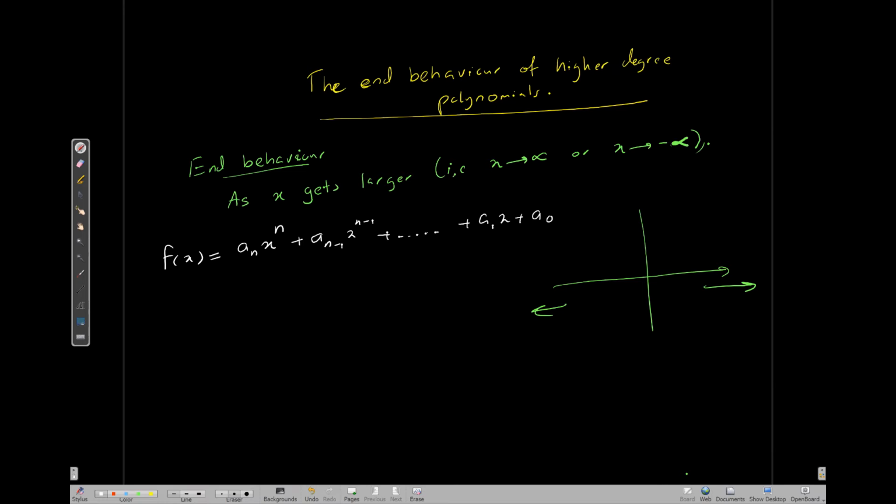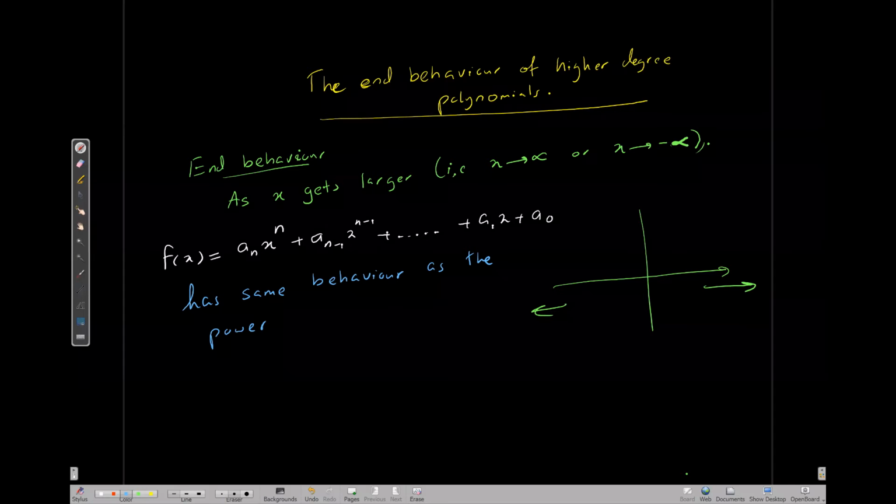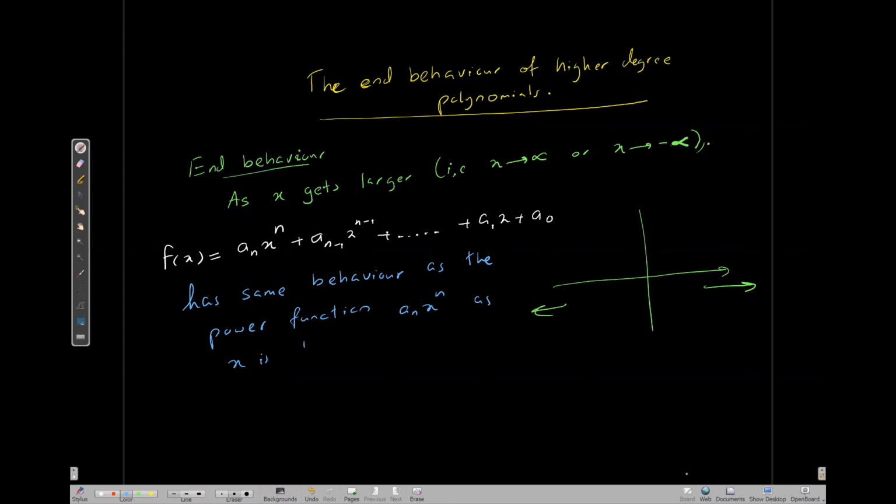Now the thing that you have to understand is that this has the same behavior as the power function a_n x^n. Remember, we learned about the power function in the beginning of higher degree polynomials. This is true as x is large. This is all you need to know.